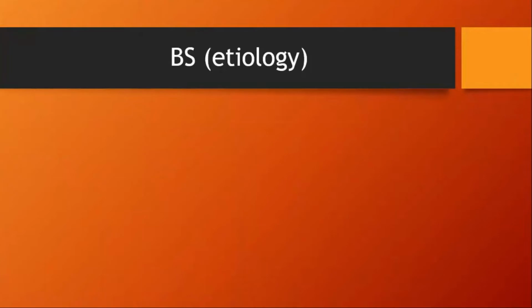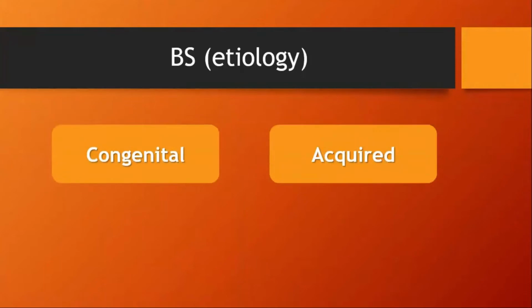Coming now to the etiology, not the pathology. We mentioned the pathology: an issue in the superior oblique, a restrictive issue or something problematic that makes the eye unable to move up and in. But if we are talking about the etiology, it could be congenital or acquired.